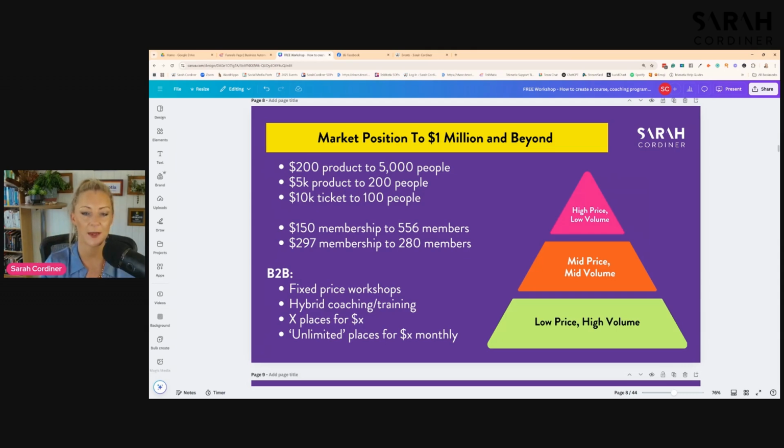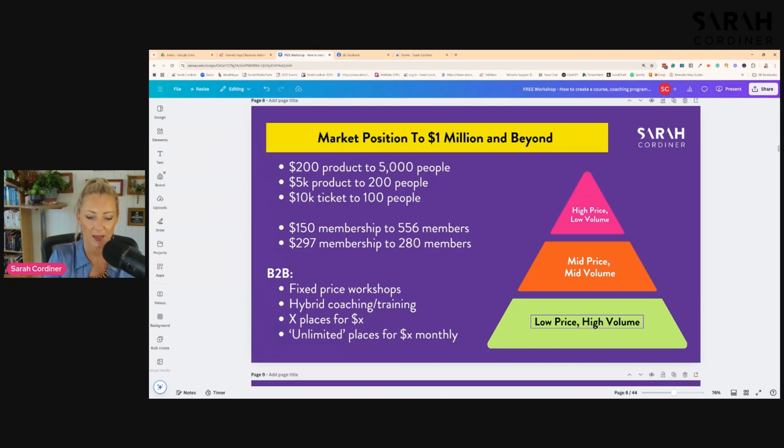So just to give you some ideas, when we start thinking about things like one-off courses, coaching programs, and memberships, we're going to be thinking as well about the way that we want to be involved. Now, if you are going to be selling one-off self-study things, these are the kinds of things that you can actually price quite low as the beginning of your customer journey, that entry point that people might come into your business at.